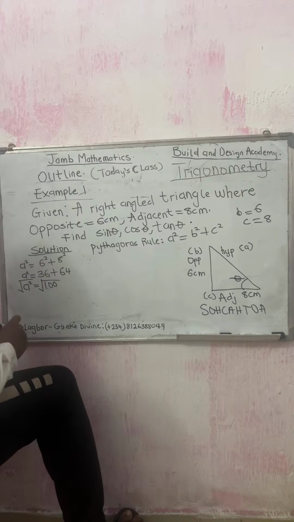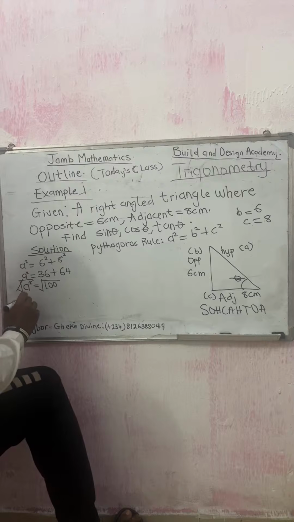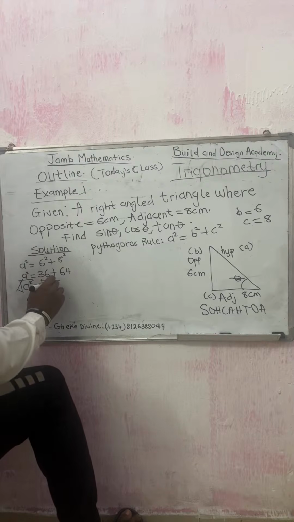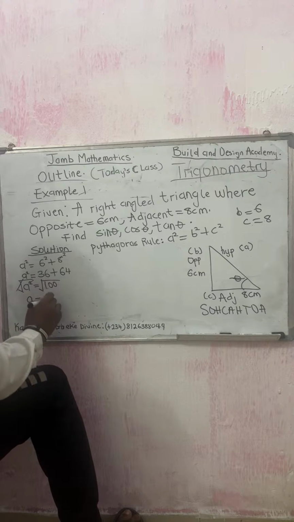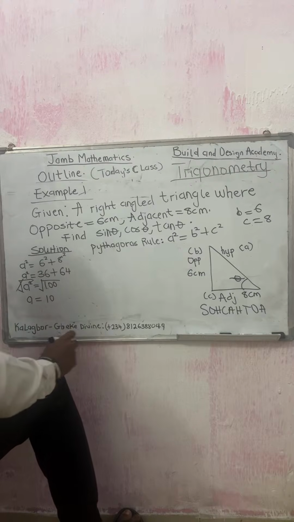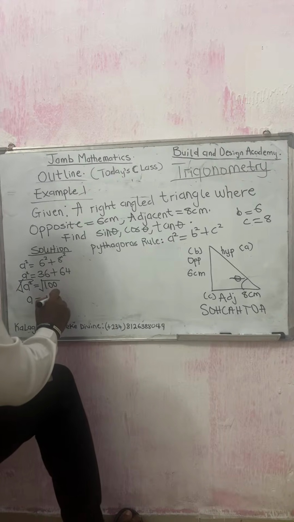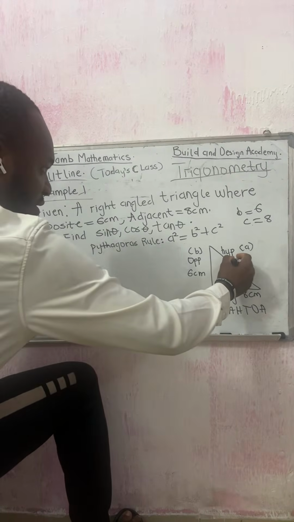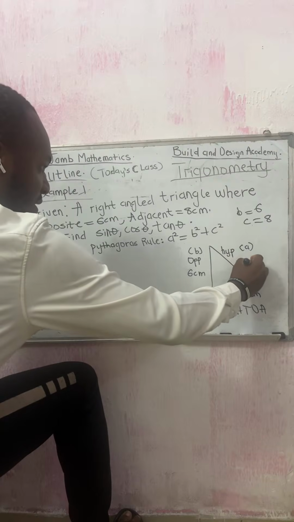Taking the square root of both sides, the square root sign will cancel the square, and we'll be left with just A as equals to the square root of 100, which is 10. Remember, they are all in centimeters, so our hypotenuse will be 10 cm.